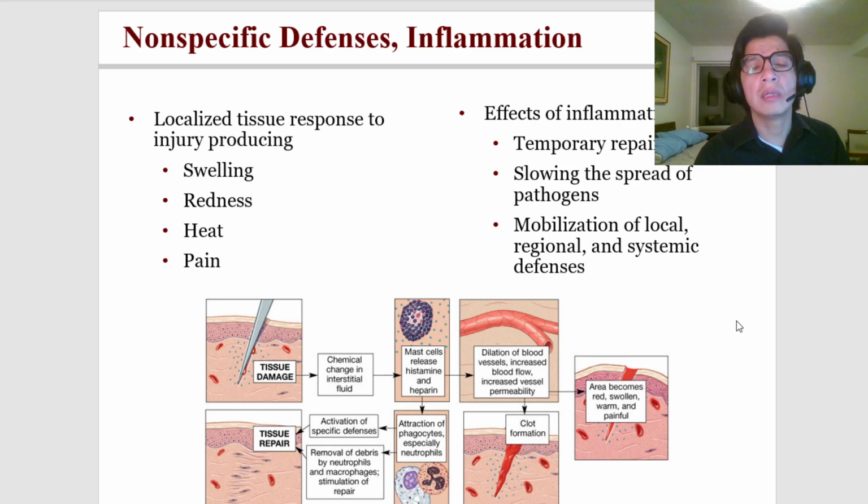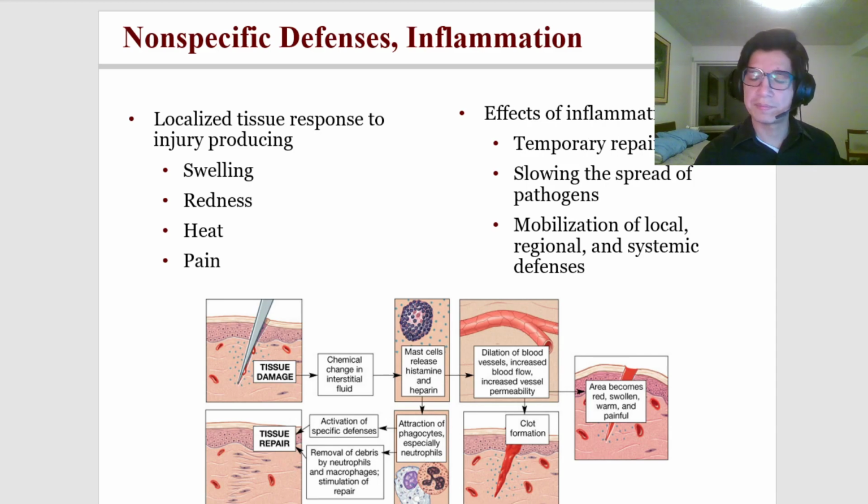Let's talk about inflammation as one of these non-specific responses. This is what happens with inflammation: redness, heat, pain. The end result is that you summon components of the immune system and have repair of the injury.